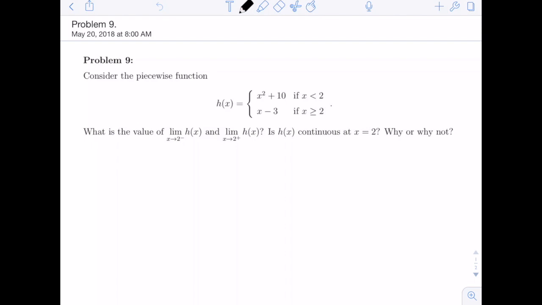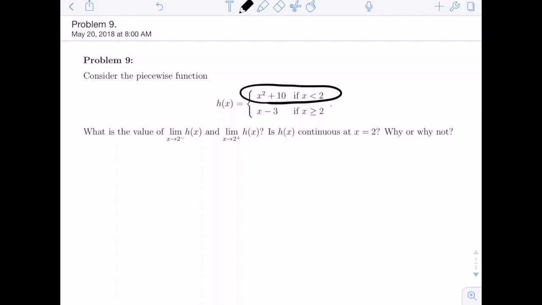Okay, so this is going back quite a few lectures, so hopefully this is a little bit of a refresher. Remember that x approaches 2 with the negative sign means we're approaching 2 from the left-hand side. And if we're to the left of 2, that means we must be using this function, because h is equal to x squared plus 10 when x is less than 2.